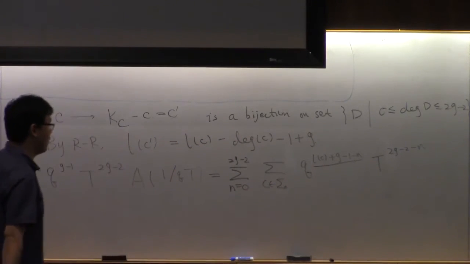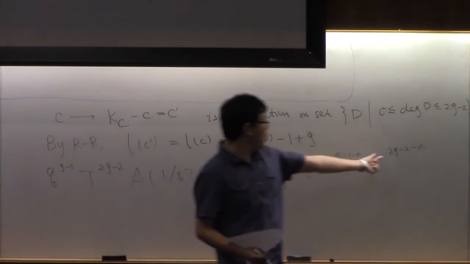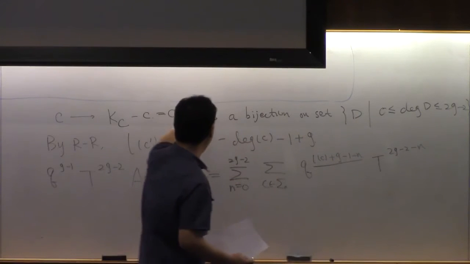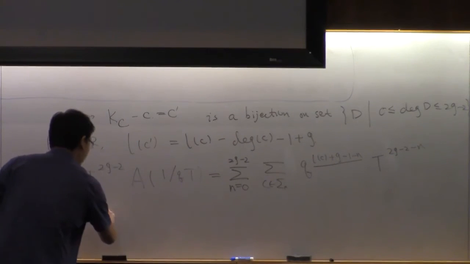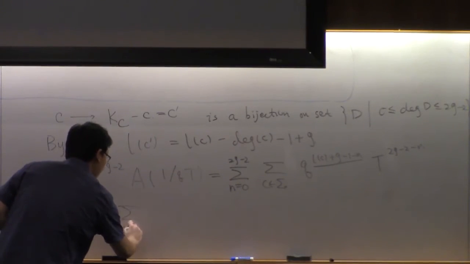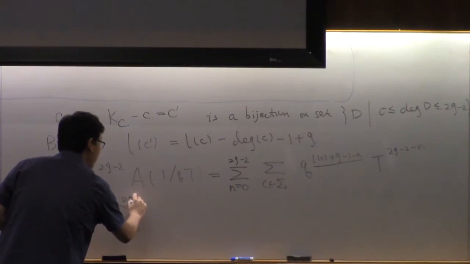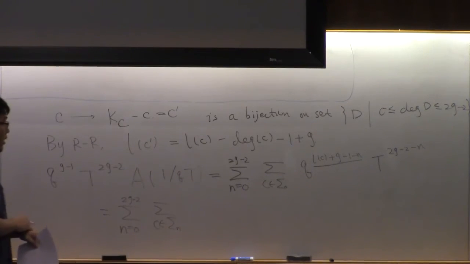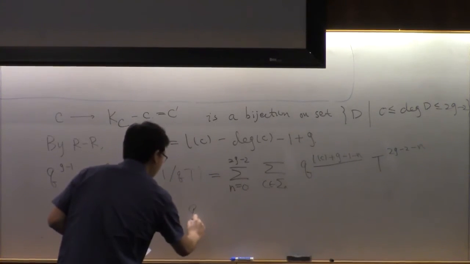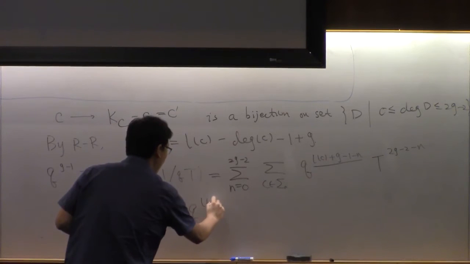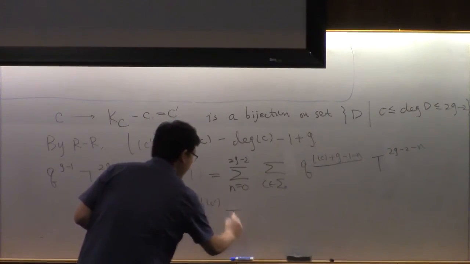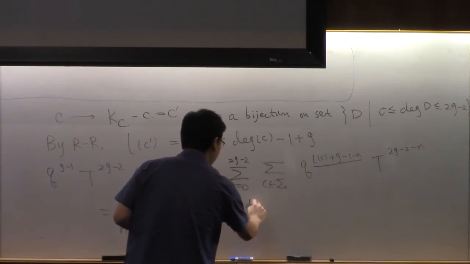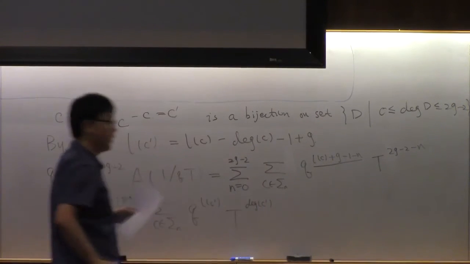This is our definition of sigma n. And here, 2g-2-n is the degree of C prime. So the sum becomes n from 0 to 2g-2, C in sigma n, where the exponent of q becomes l(C prime), and the exponent of T becomes the degree of C prime.